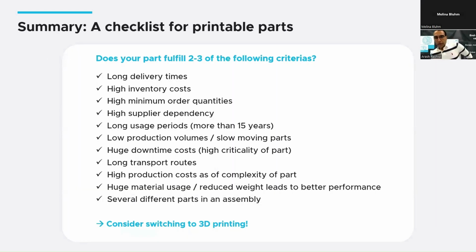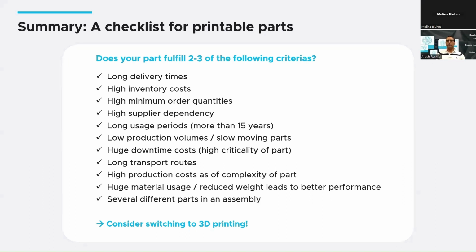So I think I have given you a lot of information from different aspects. So now let's summarize it together and see, okay, we have now a checklist that before deciding on a part, we take a look at to see, okay, does our part fulfill some of these criteria?